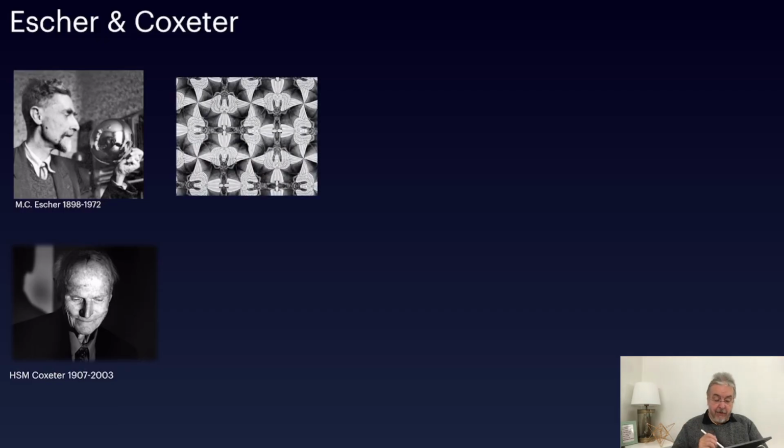So he generated patterns like, for instance, that here, where you have pictures of angels and demons fitting together in a seamless way, tiling the entire plane. And actually, one of the reasons why Escher cared about such tiling patterns was that he kind of was obsessed with infinity, and such a pattern here can continue infinitely forever.